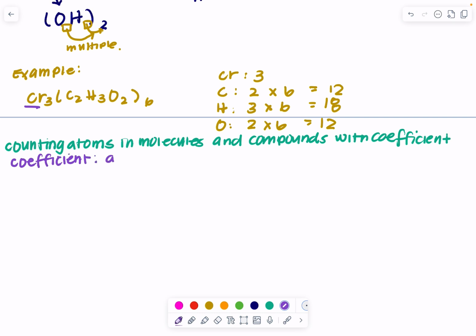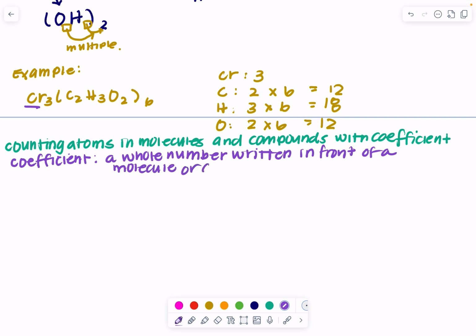A coefficient is a whole number written in front of a molecule or compound for atom balancing purposes.